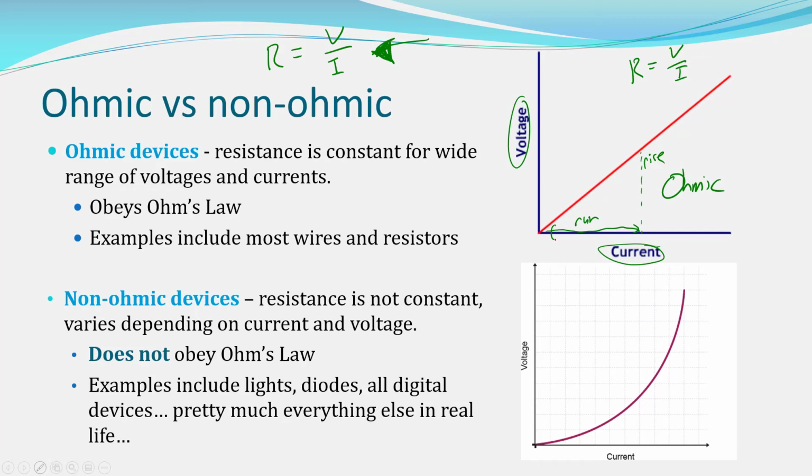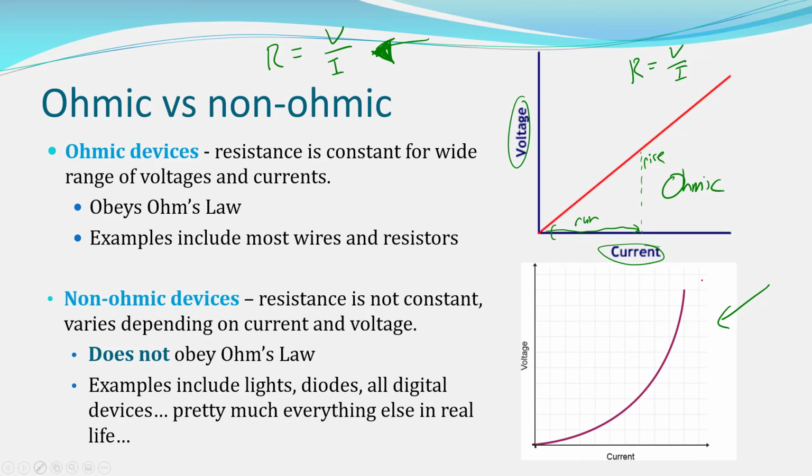But if we have a device, say a light bulb or something, where we increase that voltage, but we find that the current doesn't increase proportionally with it. So in this particular graph, as we increase that voltage, the current gets to a point where it plateaus. So the current does not increase anywhere near as much as the voltage increases.